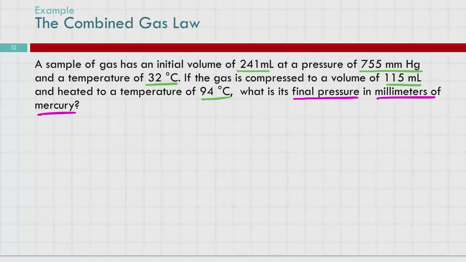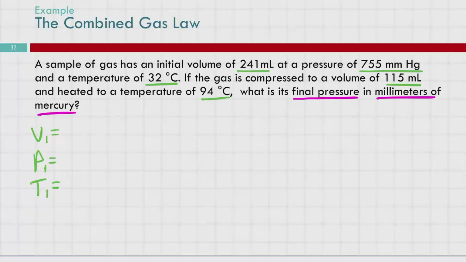A great place to start for all of our gas law problems is to list out everything that we were given, which in this case is lots. So our initial volume at a pressure, meaning these two things are connected, and a temperature, these are also connected. That means that these are all our initial states. You'll probably guess that you'll give them the 1 instead of the 2.